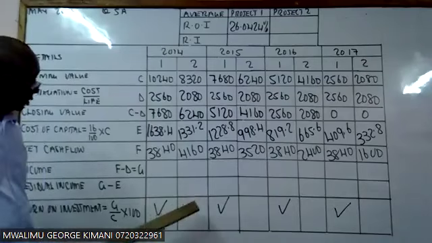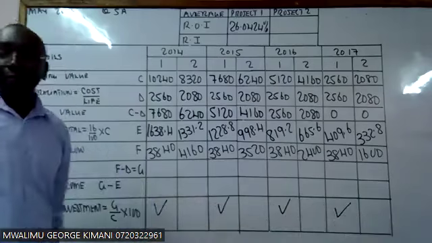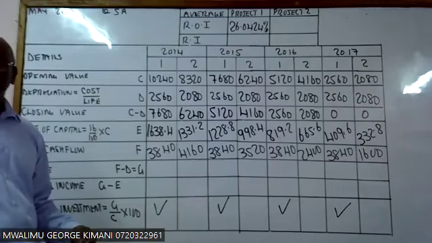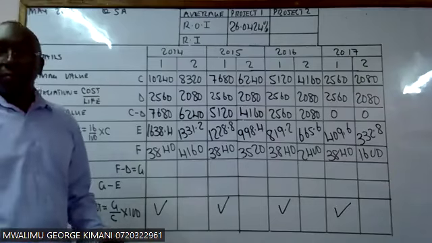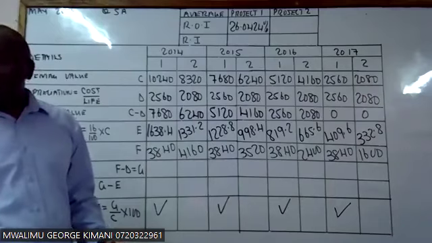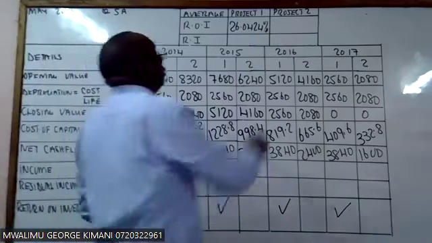Do the same for project 2: this plus this plus this plus this, which gives 8.02.